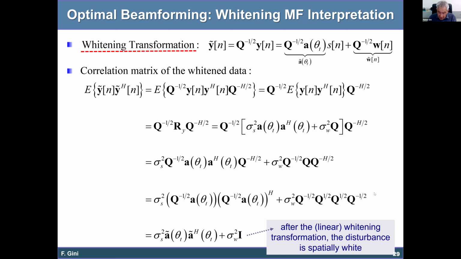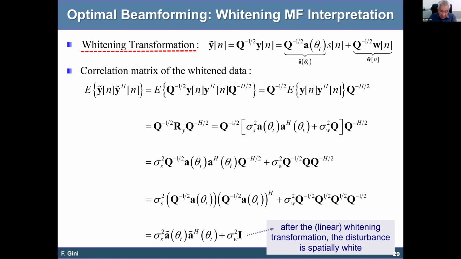The product of the last two, again, is the identity matrix. And so at the end, the correlation matrix of the noise is proportional to the identity matrix. And so it means that after this linear transformation, basically we have whitened the data. Because after this linear transformation, the correlation matrix of the noise is the identity matrix.